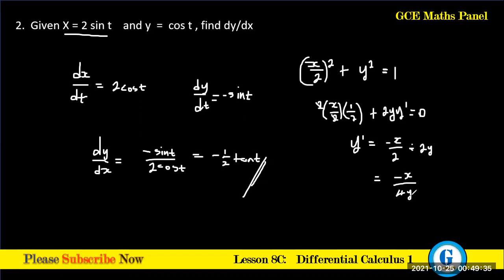But you know that our x is equal to 2 sin t. So we have minus 2 sin t divided by 4 cos t.